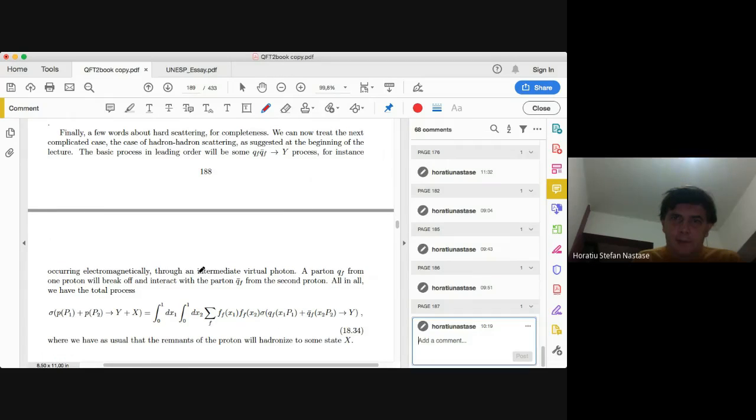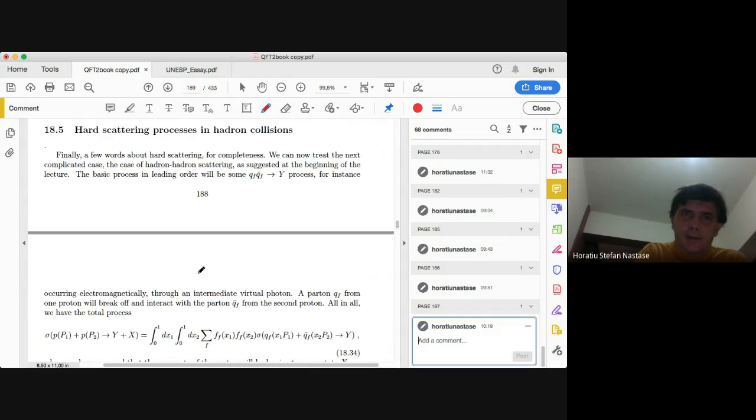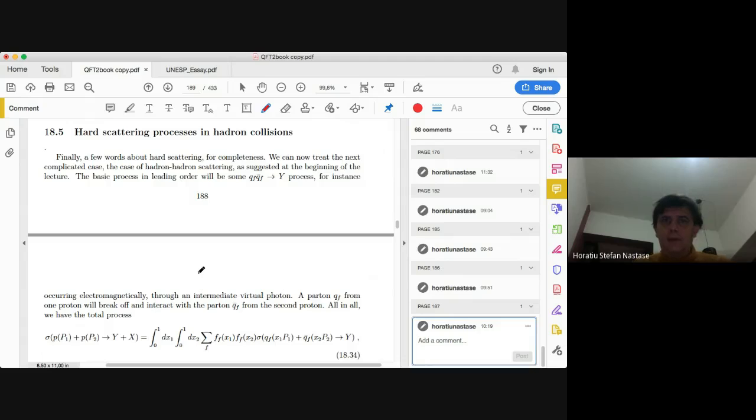So for completeness, we can consider higher scattering processes in collisions of hadrons. I said the simplest thing was an electron, which is point-like, onto a hadron, or I also told you a muon, neutrino onto a hadron.